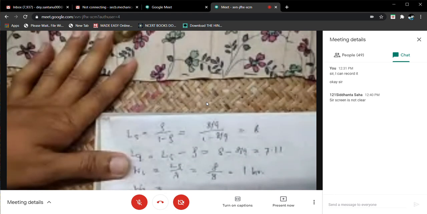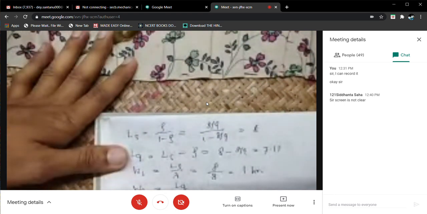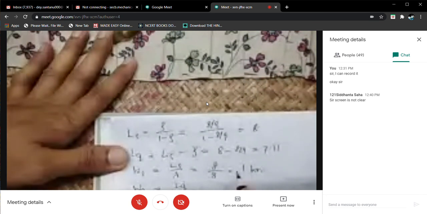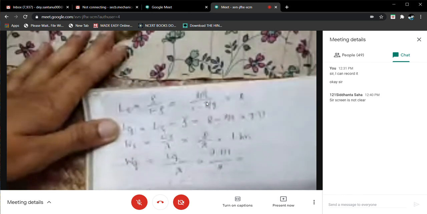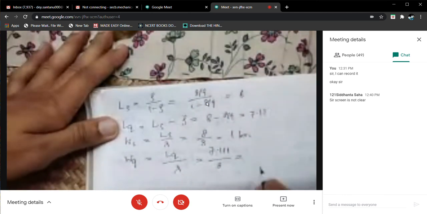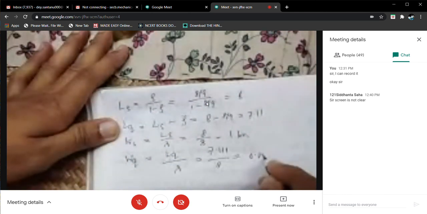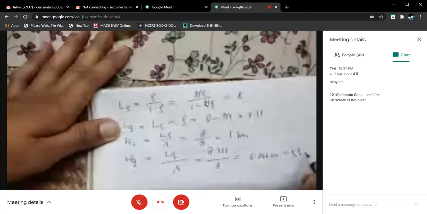WQ equals LQ by lambda, so 7.111 divided by 8 becomes 0.888 hour, or converting into minutes, about 53 minutes.